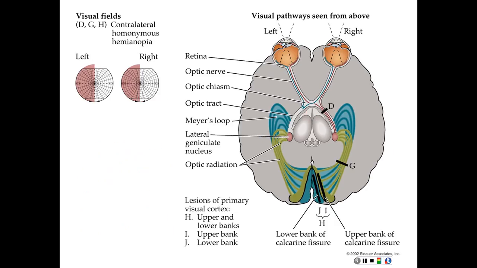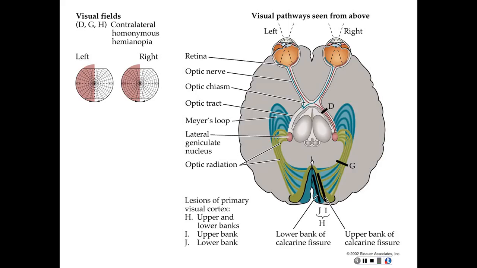But what gets really cool then is, what about now if you damage the optic tract or the optic radiations? So if we look at these two lesions now, we're severing all the axons here or all the axons here. So basically, these two pathways at these points are carrying the same information.